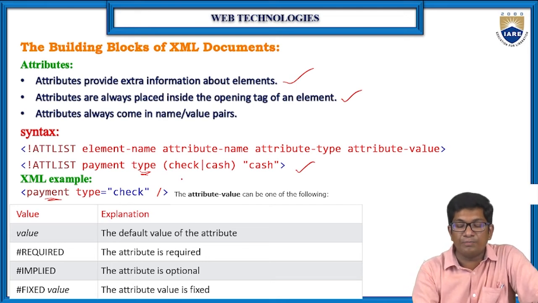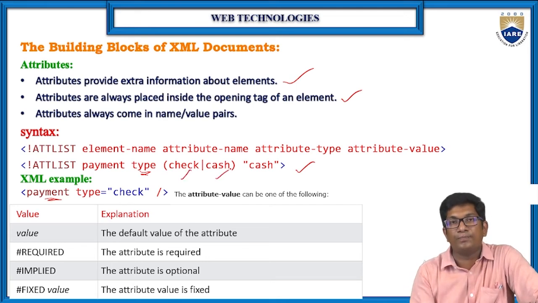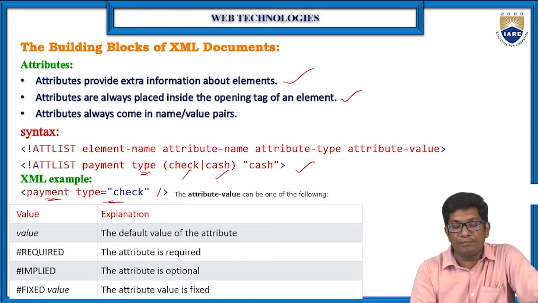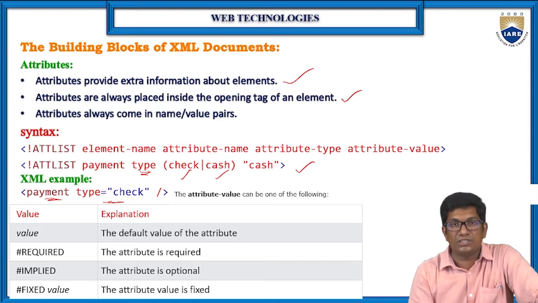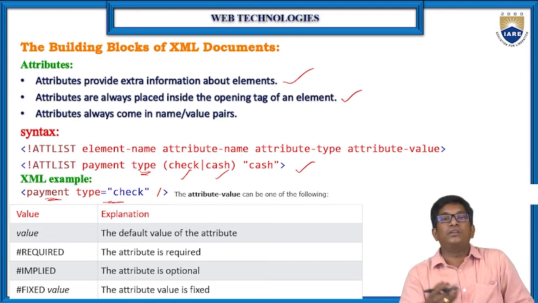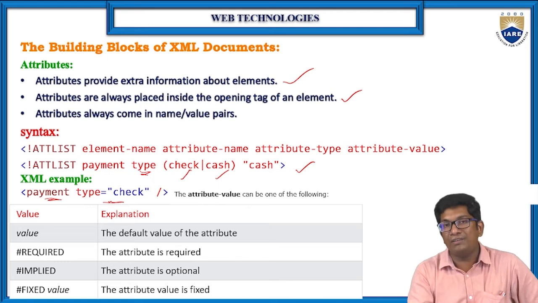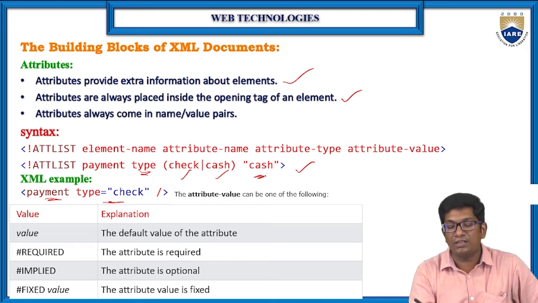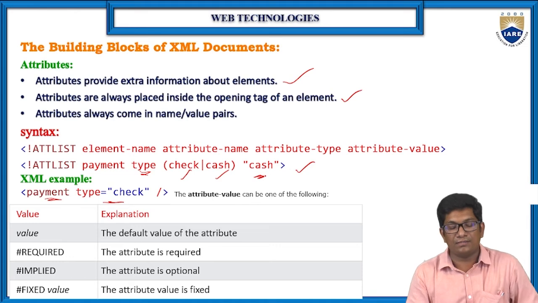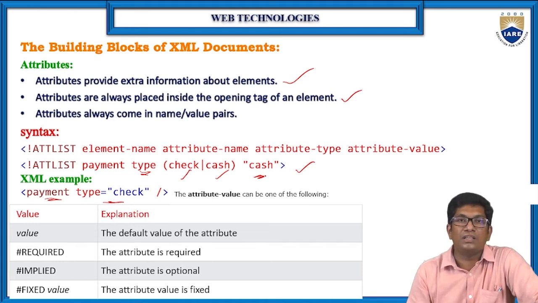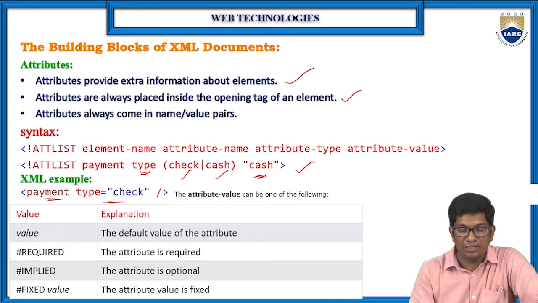So you can pay by cash or check only. Here you have to specify it, that is mandatory, meaning you have to specify type equal to check, meaning we are giving the amount by check, or cash. Suppose you are not giving any value, then the default value is cash. Like this we can add attributes in your DTD.